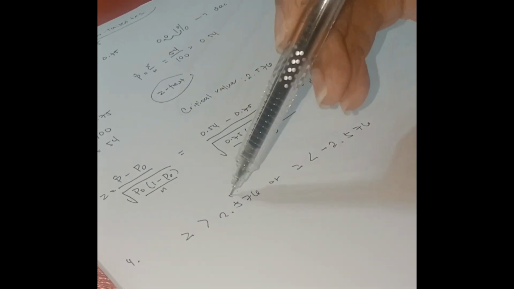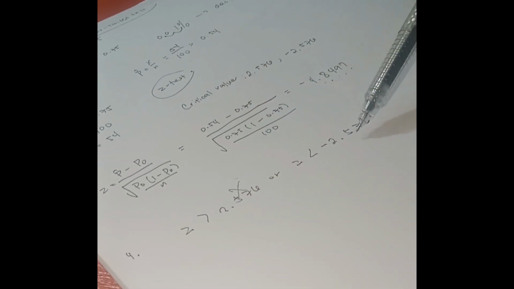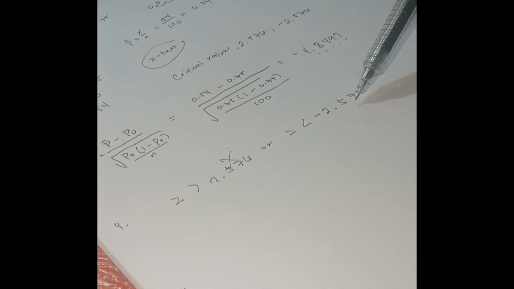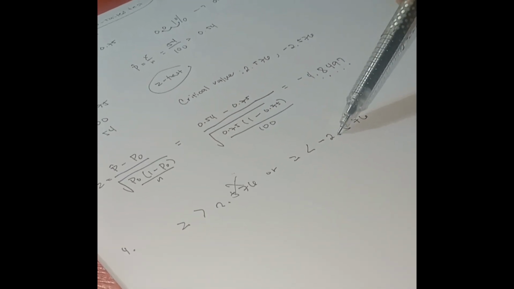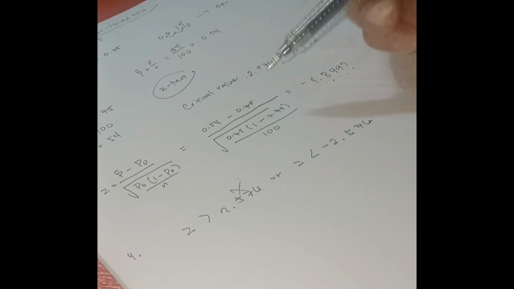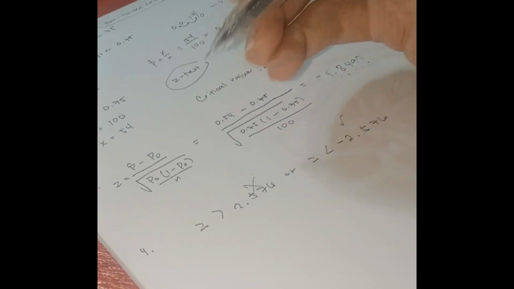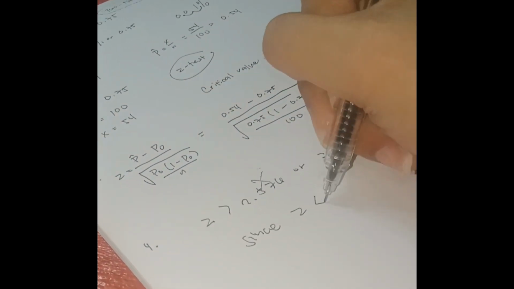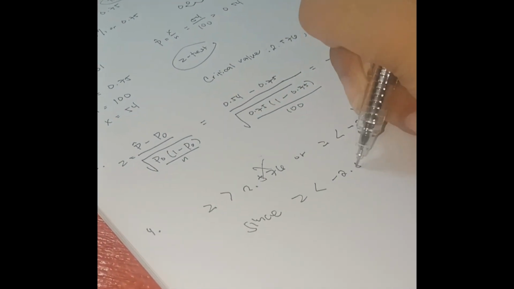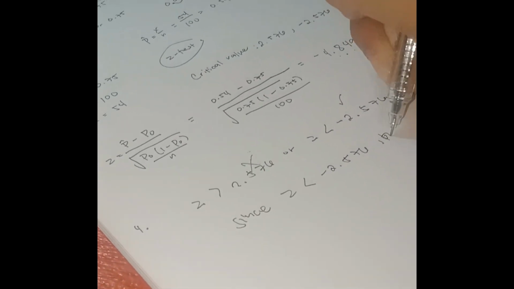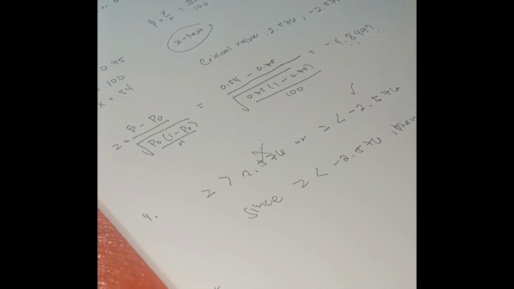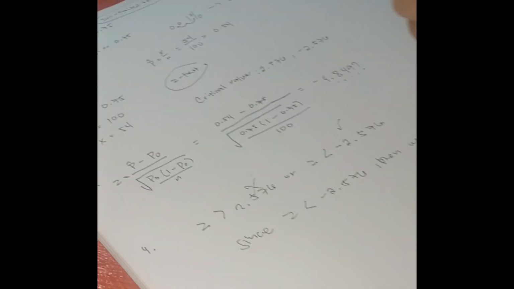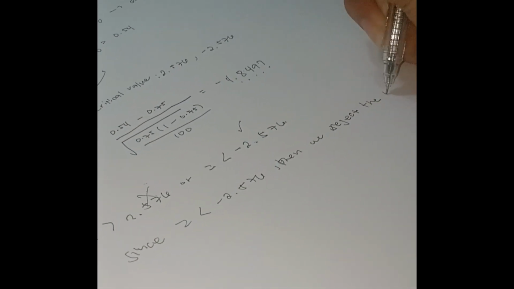No. Hindi yan. So, mas malaki ba? Ay, mas maliit ba siya dito sa negative 2.576? Yes. So, since Z is less than negative 2.576, then we reject the null hypothesis.